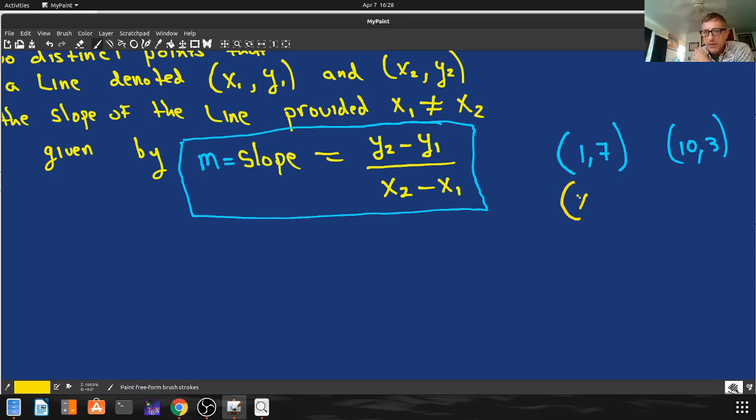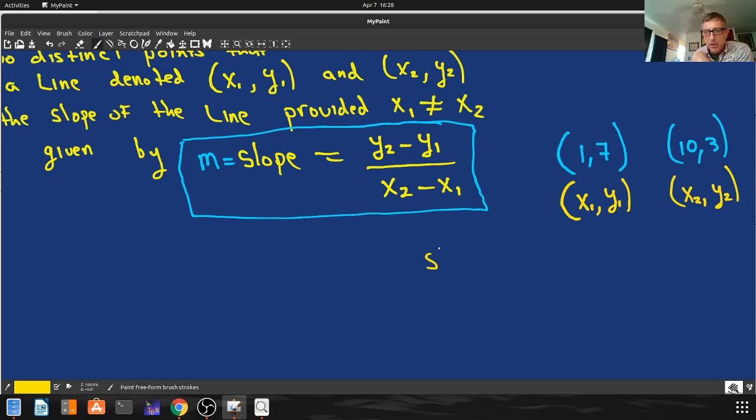And we're going to call this one x1 and y1, and the next one x2 and y2. So x1 is 1, y1 is 7, x2 is 10, y2 is 3.